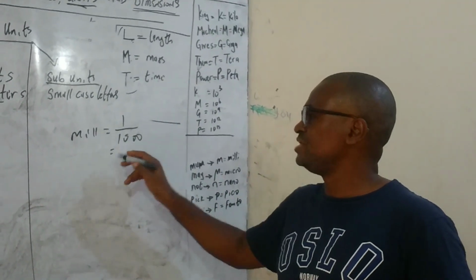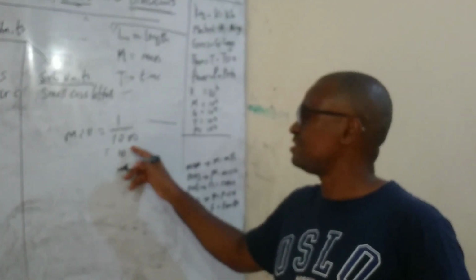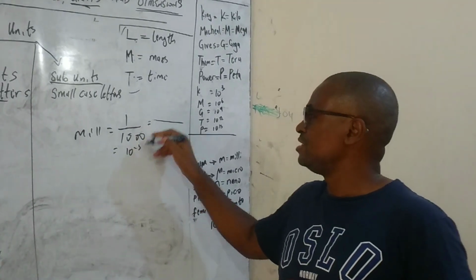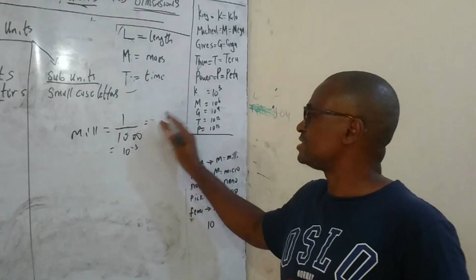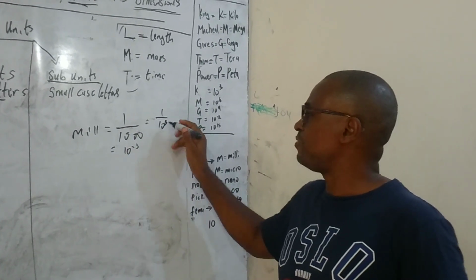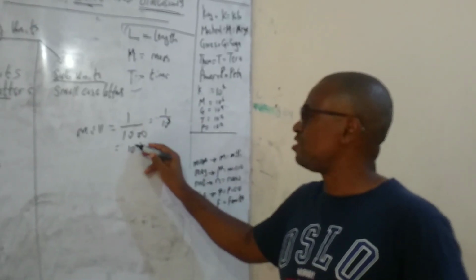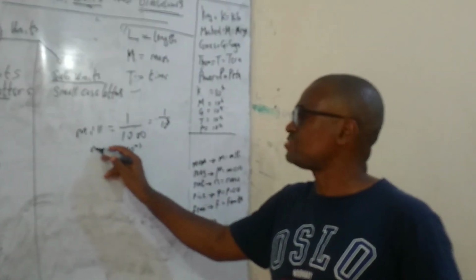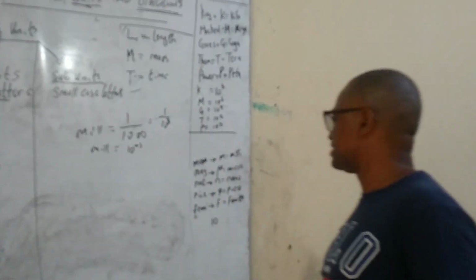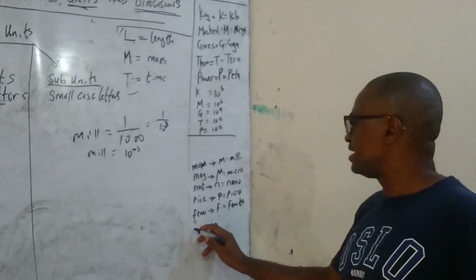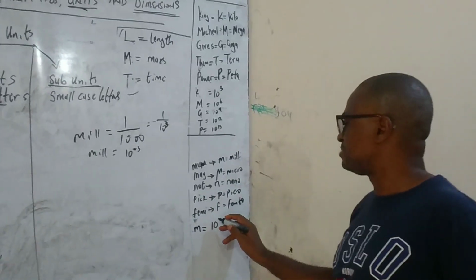And from your law of indices, we can write it as 10 raised to power minus 3, because this 1,000 can be written as 10 raised to power 3. And when we carry a positive power up, it will become negative. So milli actually means 10 raised to power minus 3.